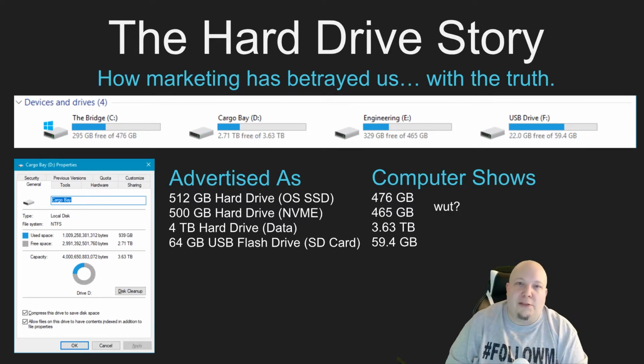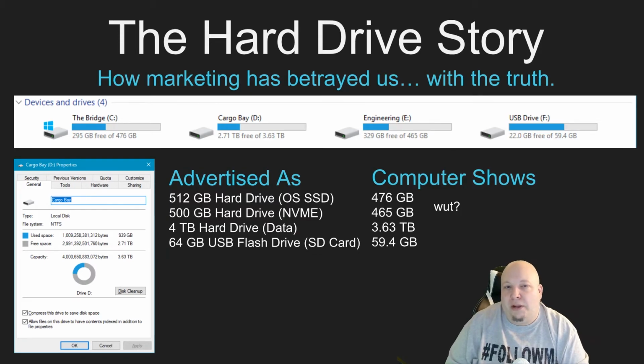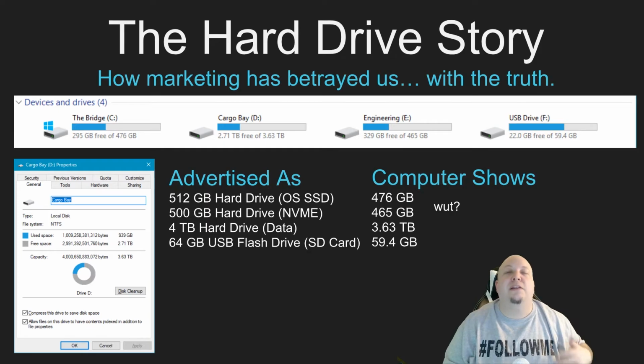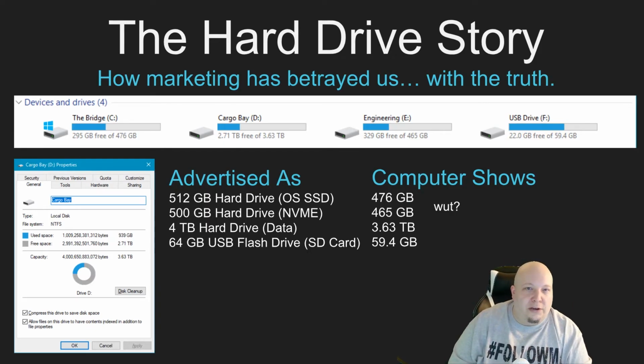But if it had been based on that old base 2 system, some of us old school people think that, oh, 4 terabytes must mean that each terabyte is actually 1024 gigabytes, and you'd be expecting more than 4 terabytes worth of storage using that old system.